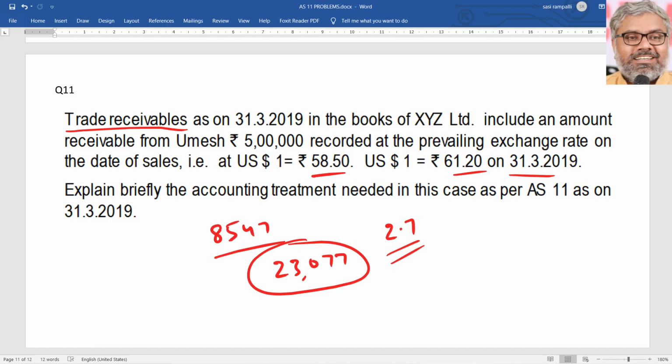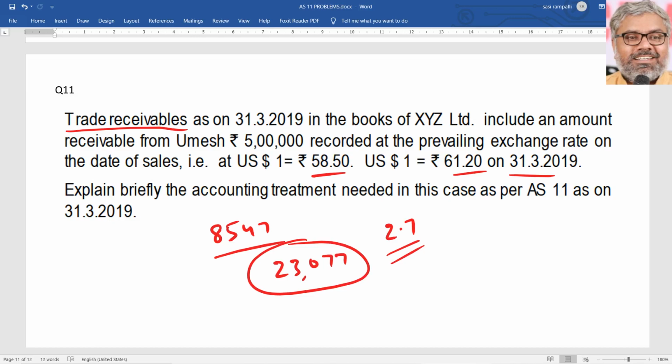receivables of originally how much? 5 lakhs, that should be now increased by 23,077. So 5 lakhs plus 23,077 will be the new receivables which will be recorded at the 31st March 2019, because the rate on that date was 61.2 into 8547, that will be 523,077.